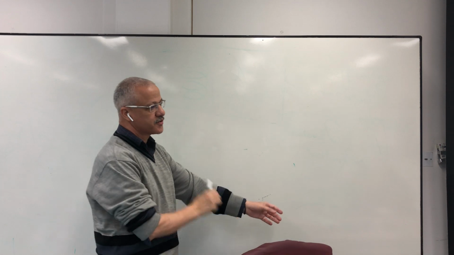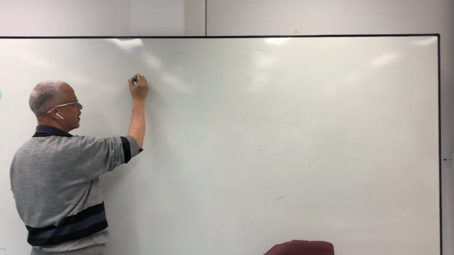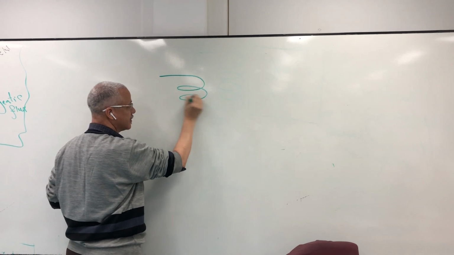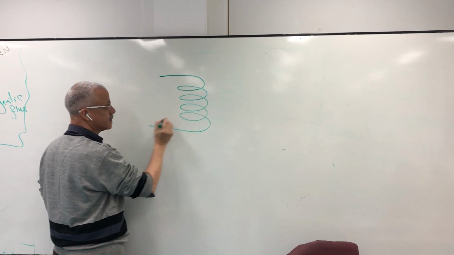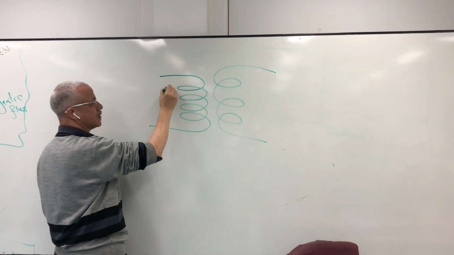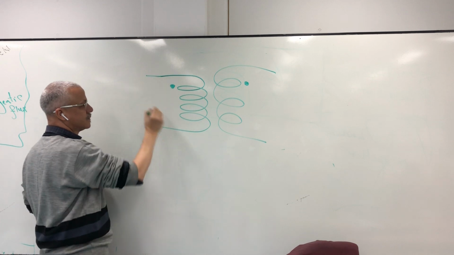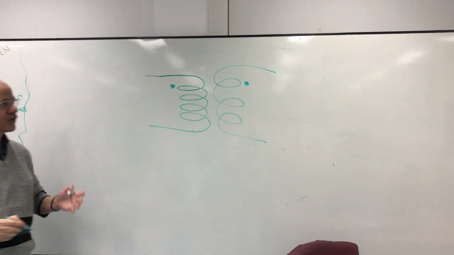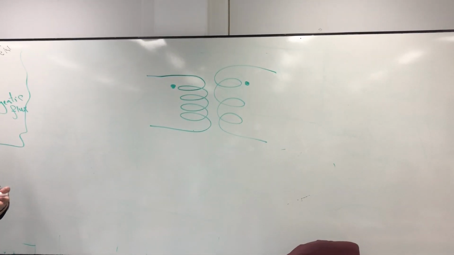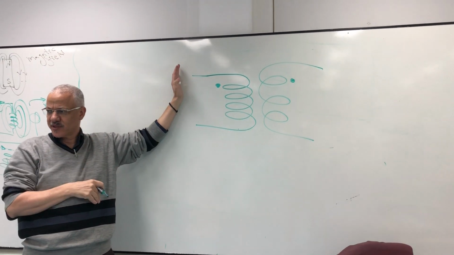Let us conclude. It is really very, very important to understand the following. If we have something like this one, as you know, this is a dot and this is a dot. Now I am going to derive the voltage here. The self voltage is straightforward, no problem.